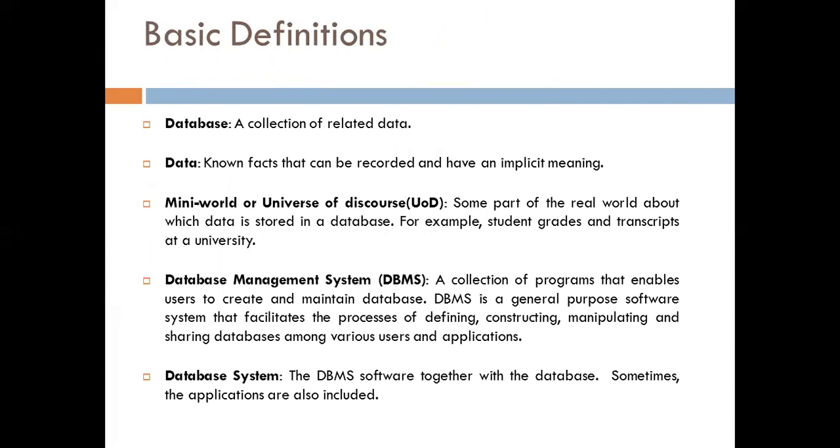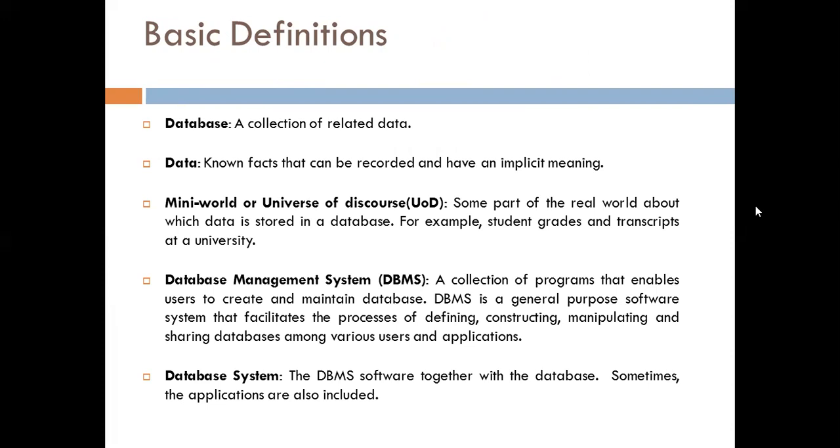As I mentioned in the previous class, a database is a collection of data. Here data means information. Data is a known fact that can be recorded and has a meaning. So it is nothing but information.